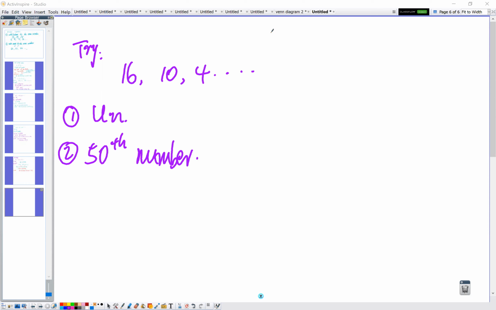Okay, have you finished this one already? Let's do this question together to see how to work this out.